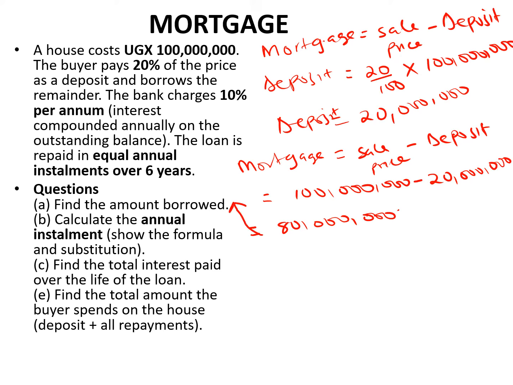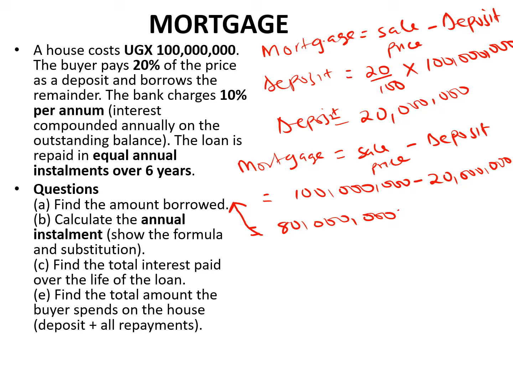So this is part A. Part A is done. Then also part B, they are saying calculate the annual installment and show the formula and substitution.